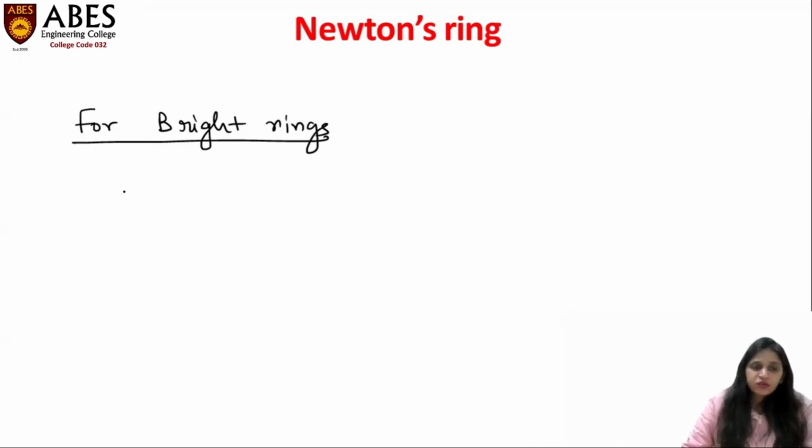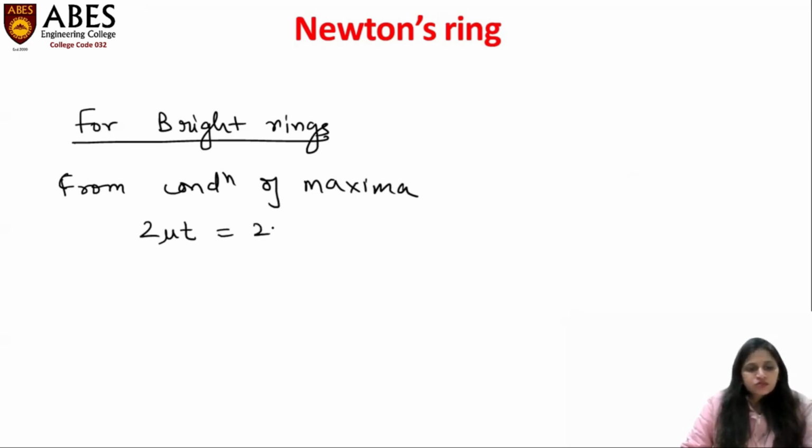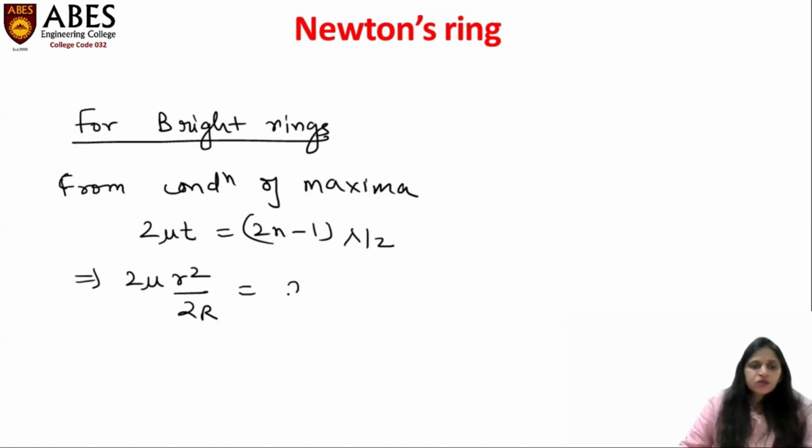The condition is 2 mu T is equal to 2n minus 1 lambda by 2. Substituting T, it becomes 2 mu R square upon 2R is equal to 2n minus 1 lambda by 2.